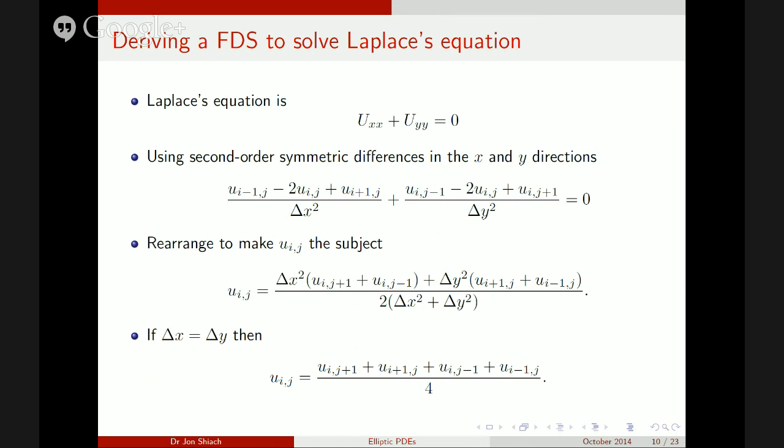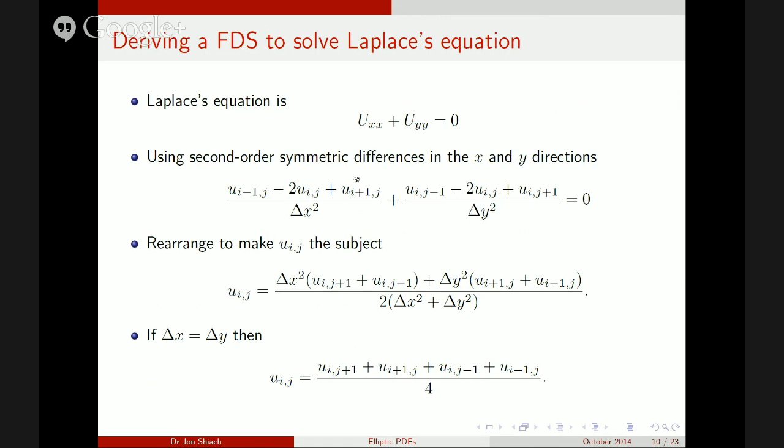I do the same for the y: the node beneath minus 2 lots of the center node plus the node on top. Remember the i minus 1, i, and i plus 1 go horizontally, and when the j's change, they go vertically.